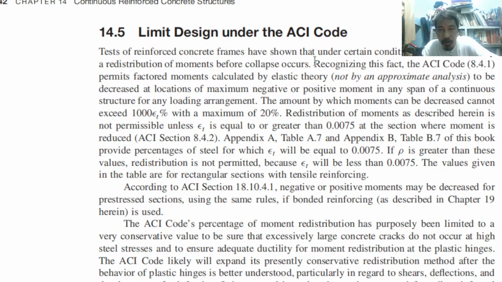So even though some parts have already transformed into plastic hinges, it will still need to increase the moment, up to such time that we have the maximum of 3 hinges.